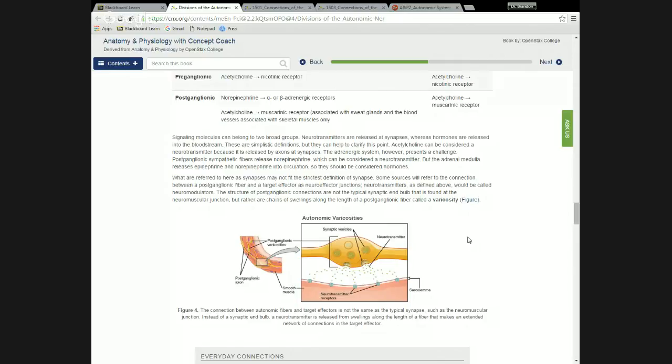Now what I've drawn in here is specifically referring to the sympathetic system. If I do this again for another neuron in the central nervous system, and here I'm talking about the parasympathetic, its axon goes out and synapses on a neuron in the periphery, which then synapses at the target organ.